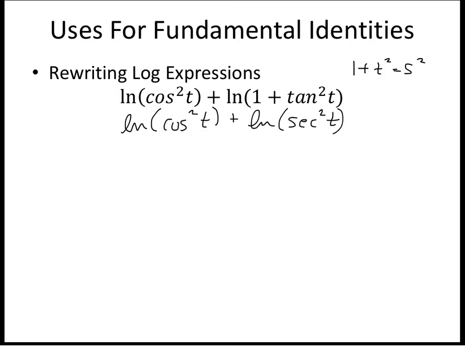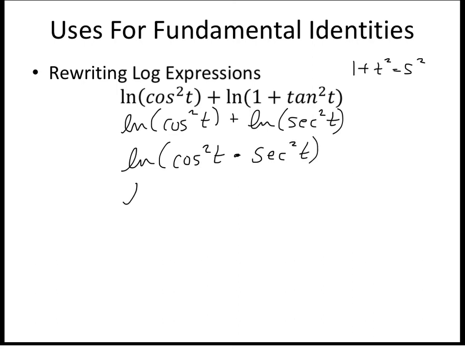Now things are pretty simple, and I'm seeing something really nice because I know cosine and secant are reciprocals, and I'm seeing this plus sign in between and thinking, oh wow, I get to multiply them together. So when I do this, I have natural log of cosine squared t times secant squared t.